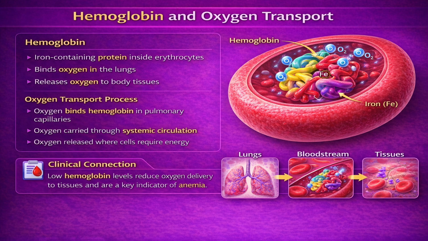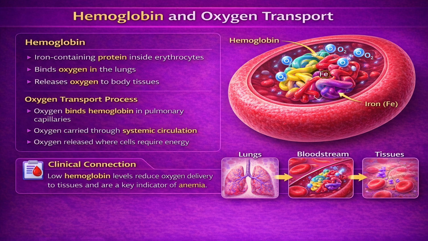Because hemoglobin plays such an essential role in oxygen delivery, its concentration in the blood is a critical clinical measurement. Low hemoglobin levels reduce the blood's ability to transport oxygen and may lead to symptoms such as fatigue, weakness, and shortness of breath.